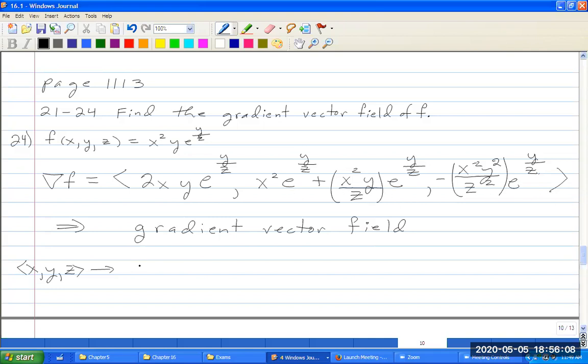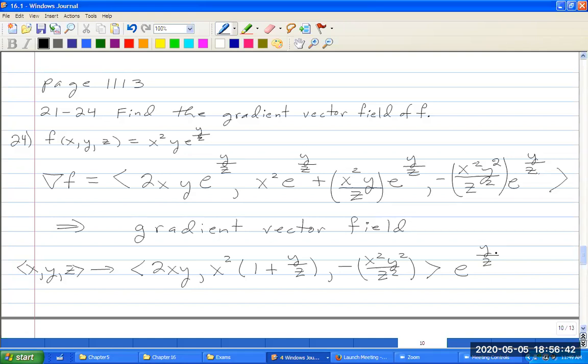Yes, I can cancel, 2xy, x squared plus, actually, I can probably factor out x squared here, x squared times 1 plus y over z, and a negative x squared y squared over z squared, e to the y over z.